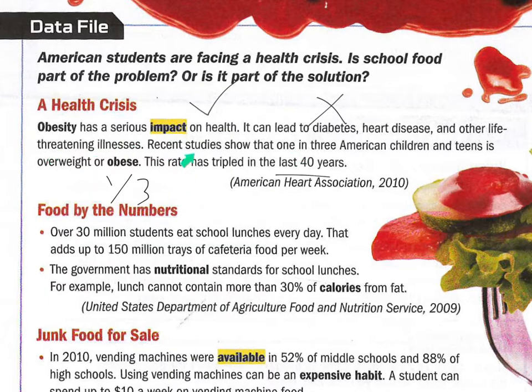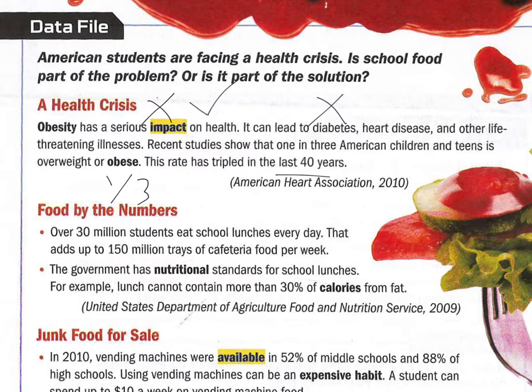If 1 out of 3 kids has a weight problem, obviously junk food's going to lead to that. So we would say this one is definitely saying junk food, no, not at school.